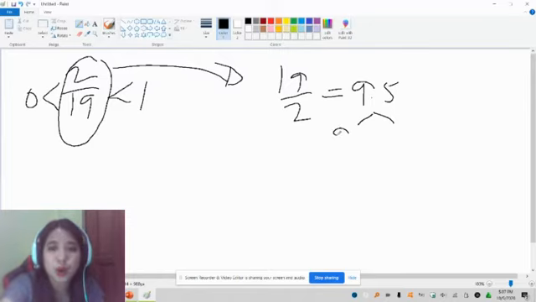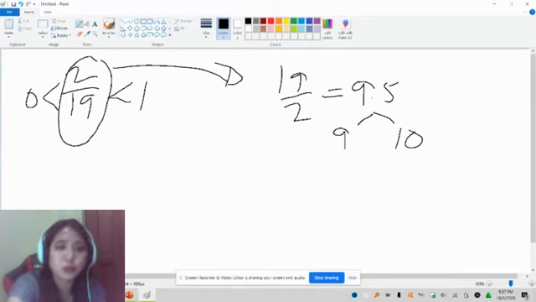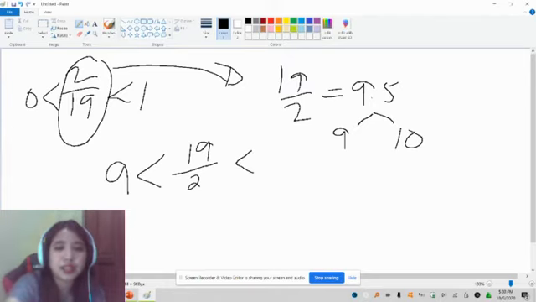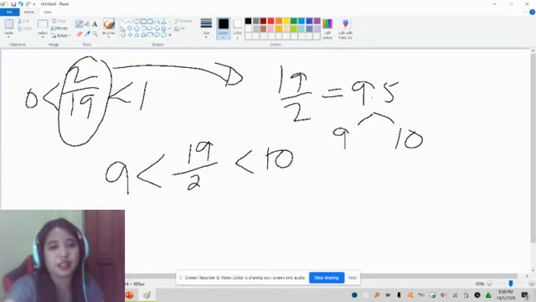Round down is 9, round up is 10. So our values now are that 19 over 2 is greater than 9 but less than 10.